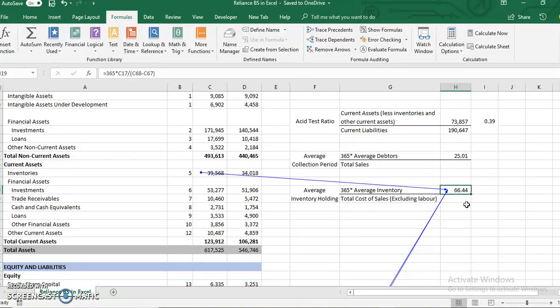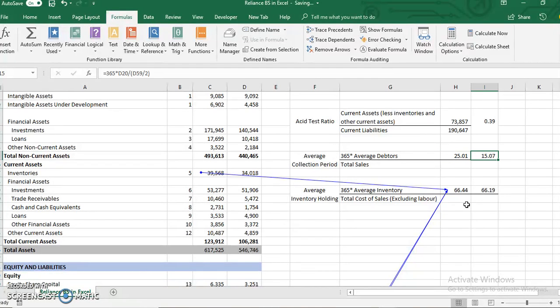But we cannot compare from one company only. We need to see the industry standard and compare on a year on year basis. So you can just copy the formula and put it here. Previous year it was 66.19, now it is 66.44, which is pretty okay in terms of year on year.